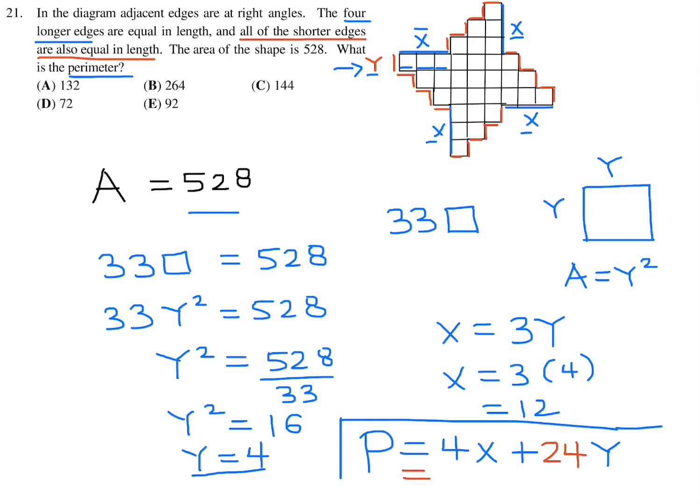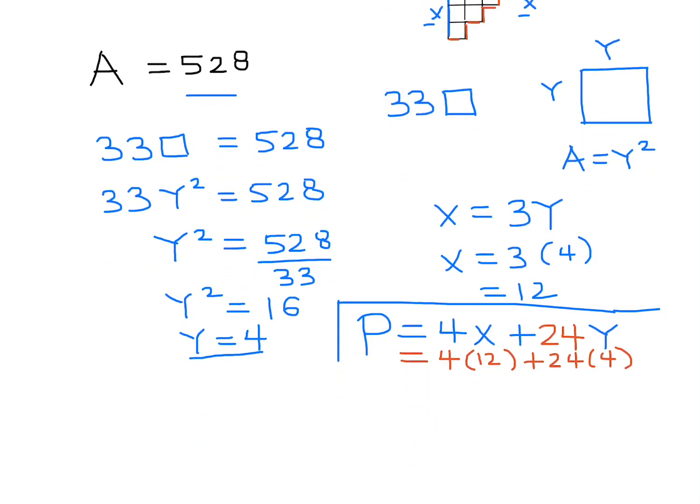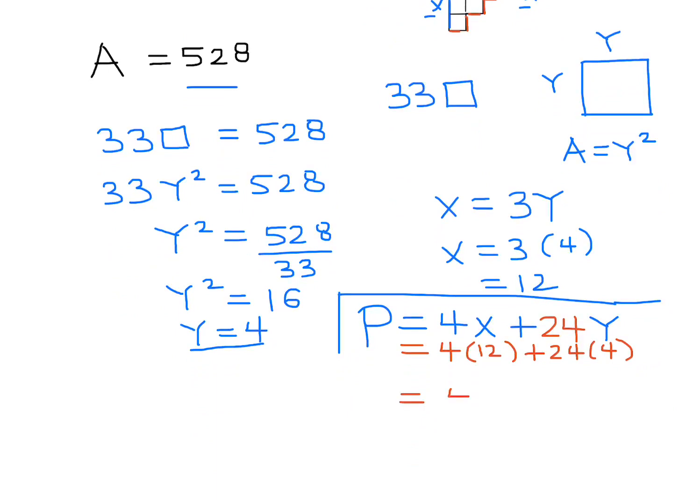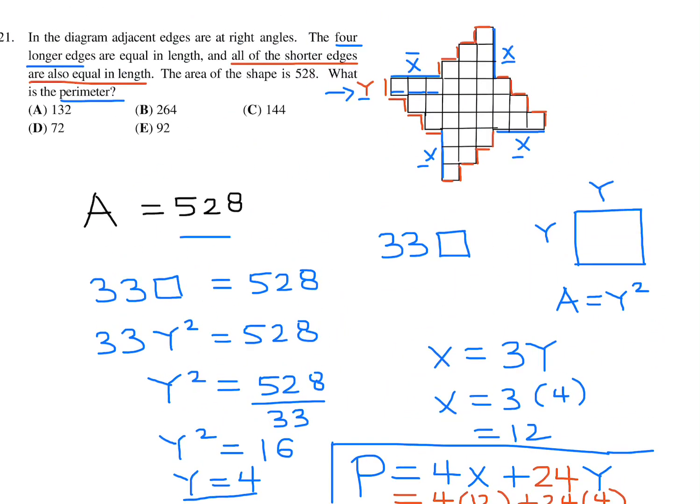You just plug in your numbers, 4 times x, which is 12, 24 times y, which is 4, and you would get 48 plus 96, and this is equal to 144. So the perimeter is 144, so the answer is C.